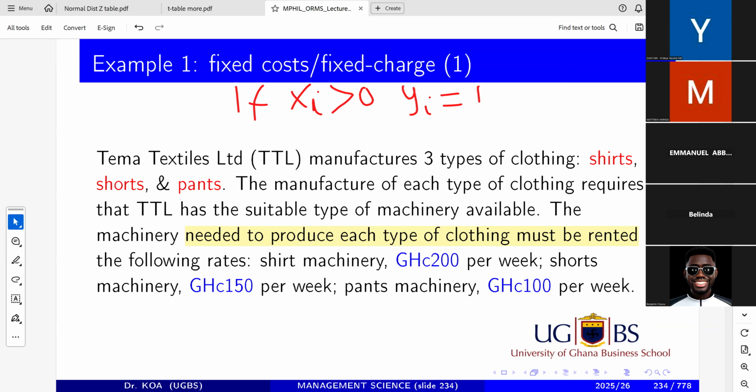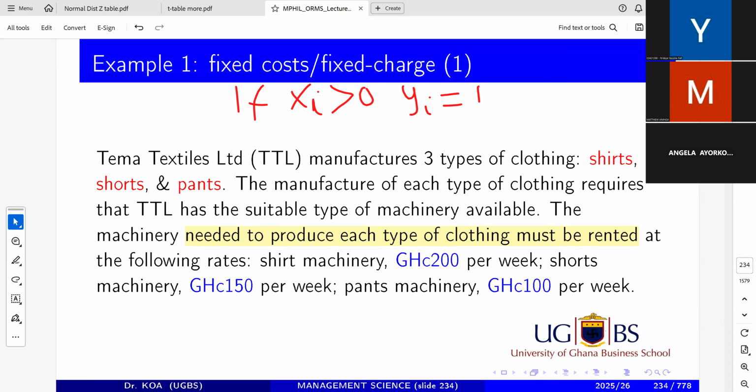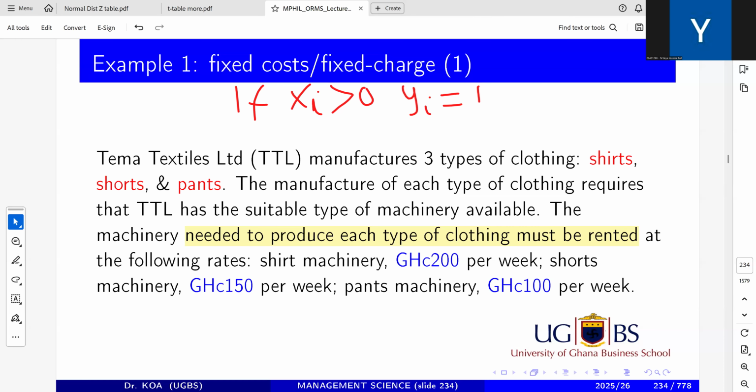But I didn't want you to say that more than one will not be possible. It's not about the number. It means you can't have zero machinery. Exactly. You can have a machinery, and the one here indicates the presence of the machinery. The zero means the absence of the machinery.